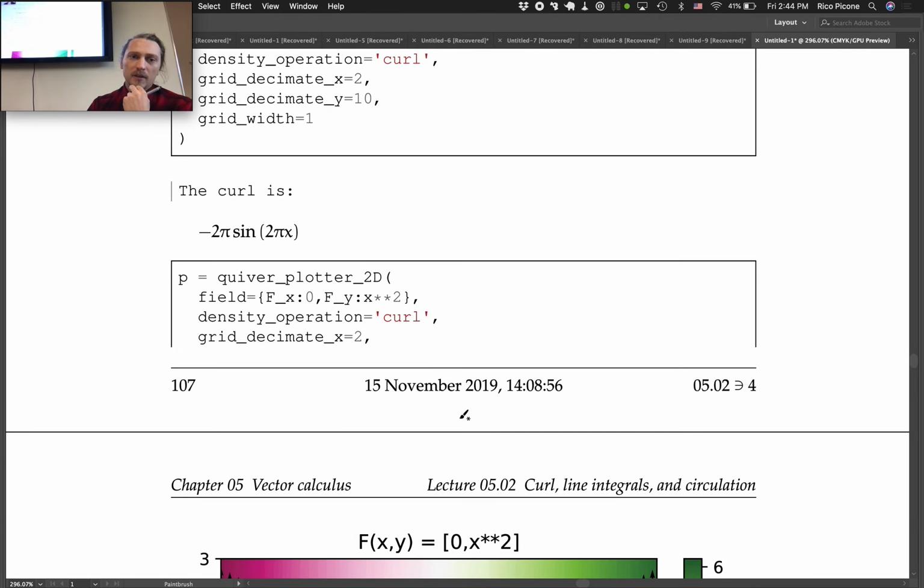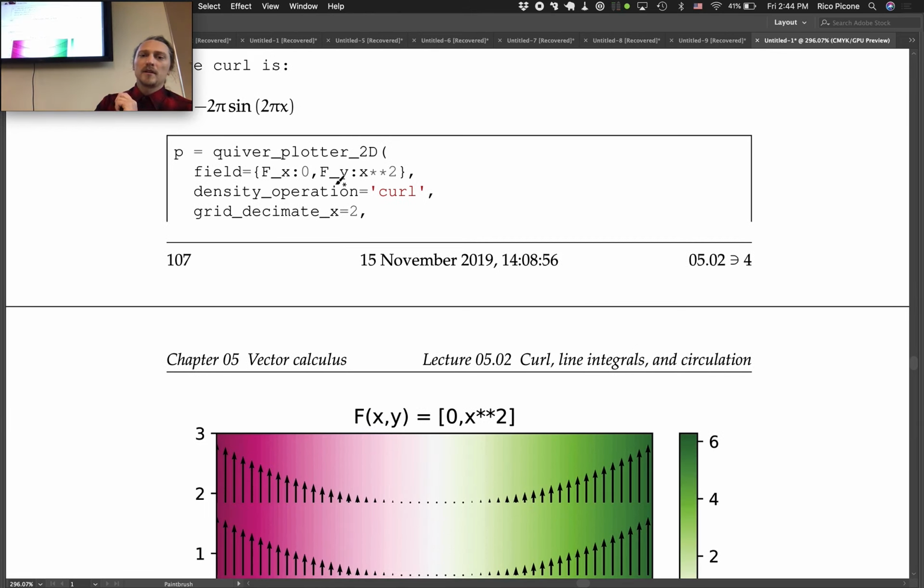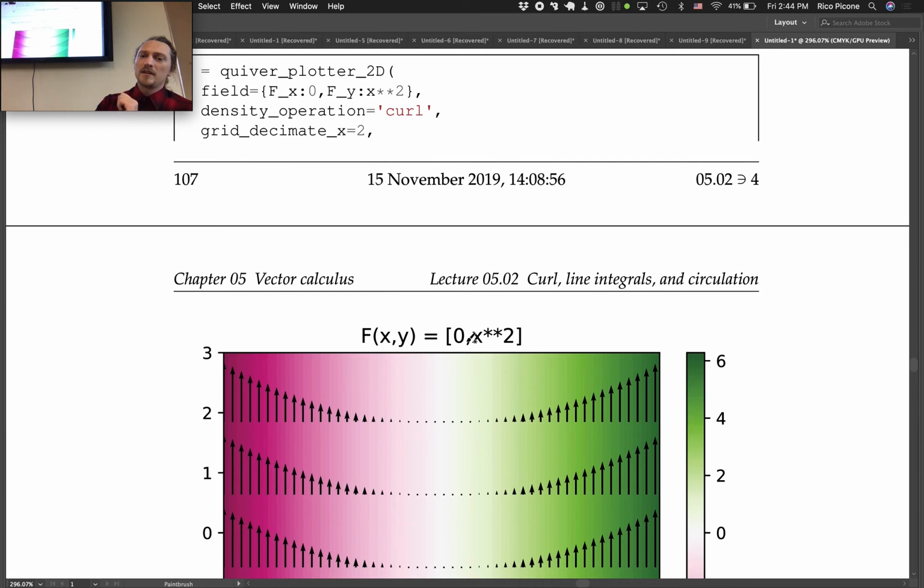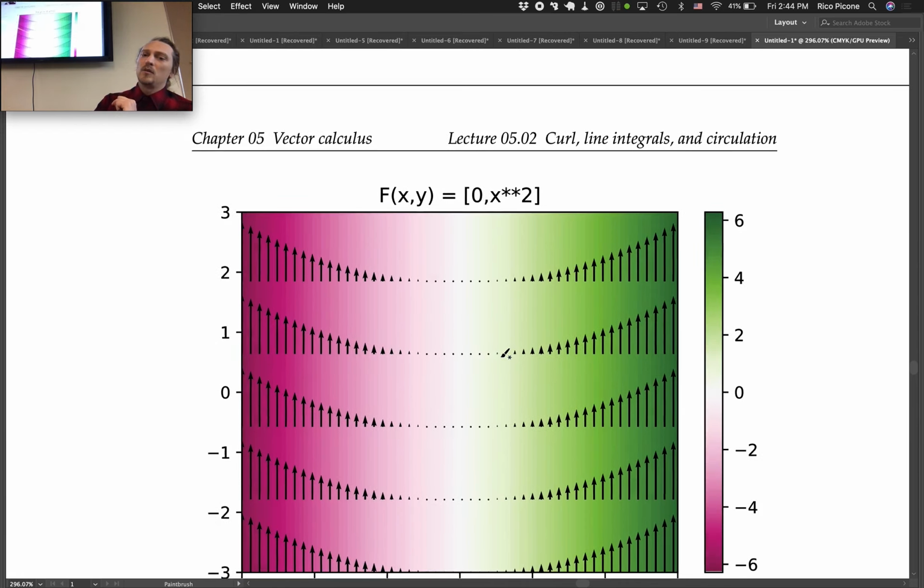The next one, so the curl we compute, and it's just, using that formula, it's pretty easy. Take a couple partial derivatives, add them together, and then get that. The next one we want to do is a field that's 0 in x and then x squared in y.